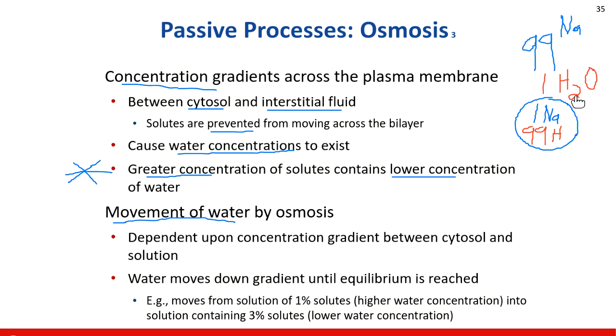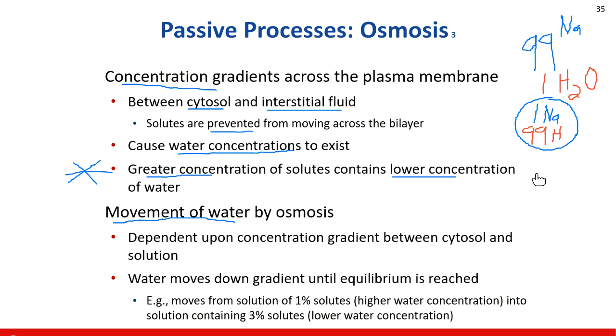And vice versa, where we have the lower concentration of solutes, we'll have the higher concentration of water. I want you to understand that as best as you can right now. Don't worry, I'm going to keep hammering this home over the next few minutes on this slideshow. For right now, we're going to use this example and go with that.